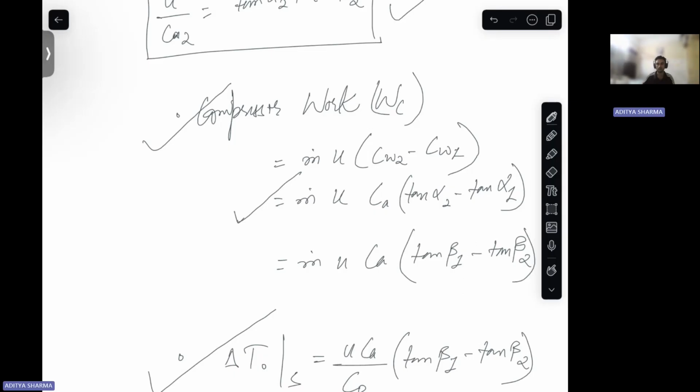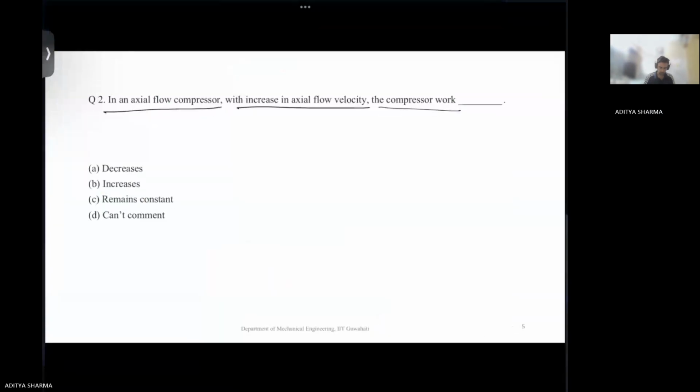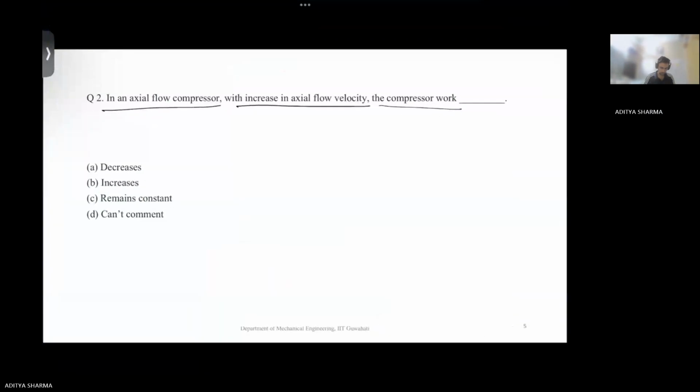Your compressor work will increase. So E is the right answer to this question.